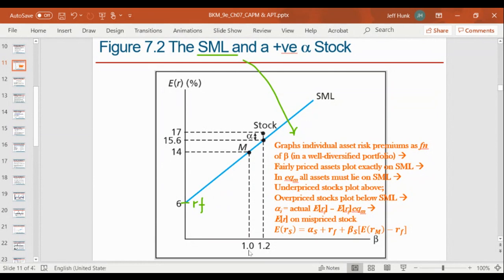So if the beta is 1.2, then if the stock is fairly or justly priced, it should be simply a function of beta. So the return should be 15.6%.